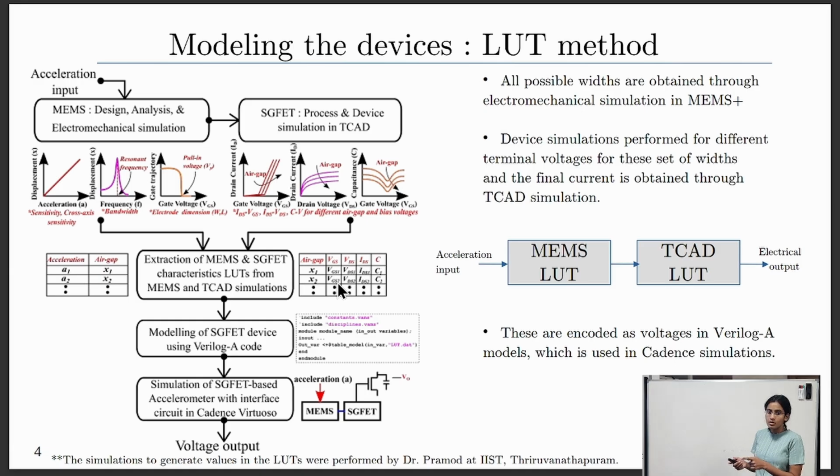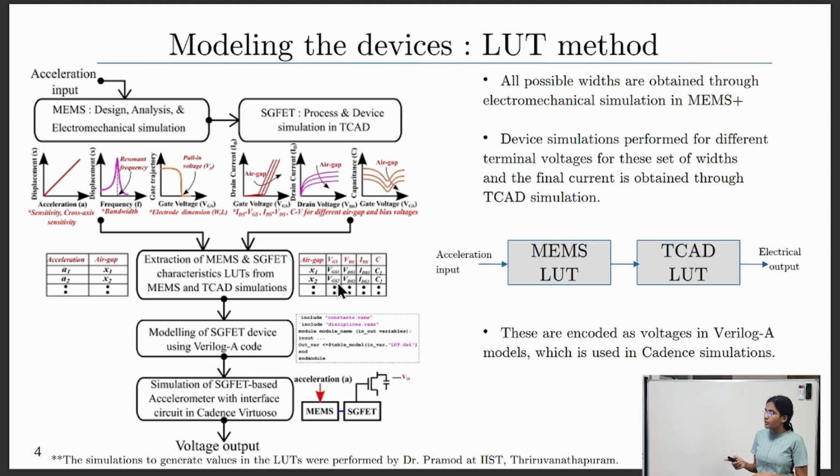Using those transistor dimension values, mainly width values, we will do process and device simulation in TCAD for all possible transistor dimensions, and these will be extracted and used in modeling the device.